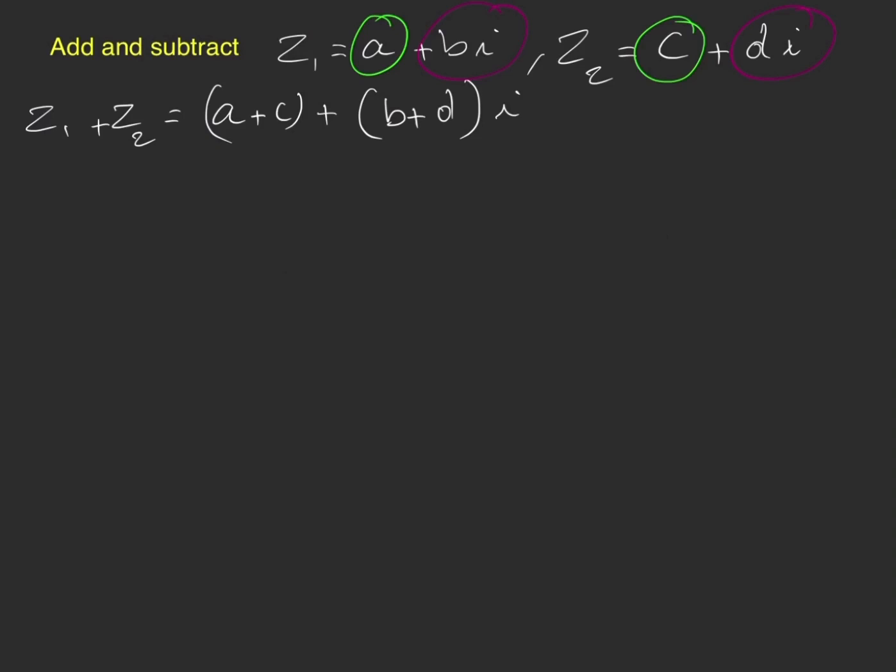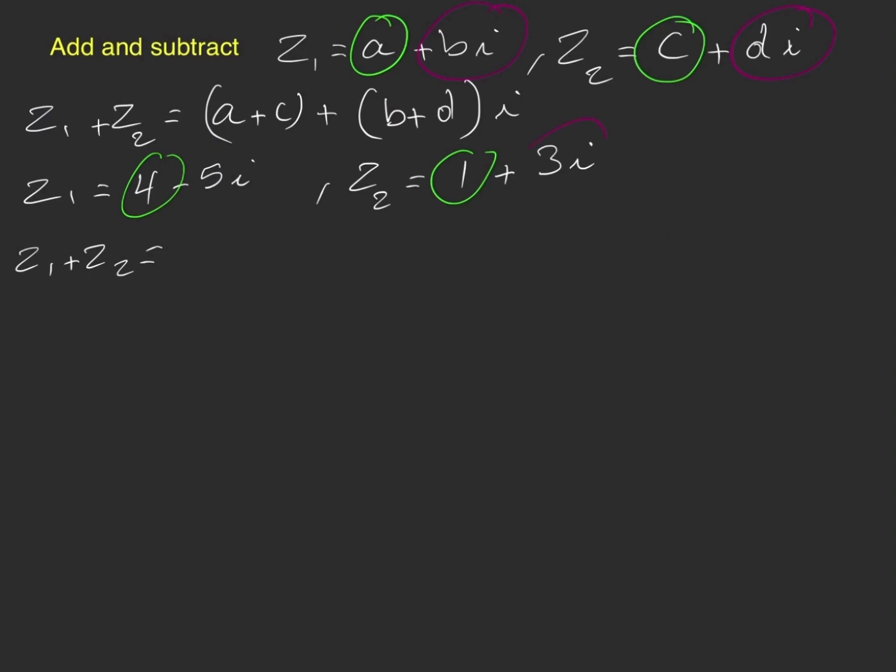For example, we have z1 equal to 4 minus 5i, and z2 is equal to 1 plus 3i. So z1 plus z2 is just equal to, we see here we have the real part and the imaginary part.